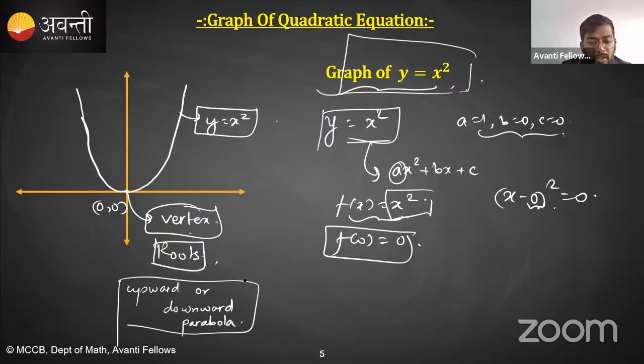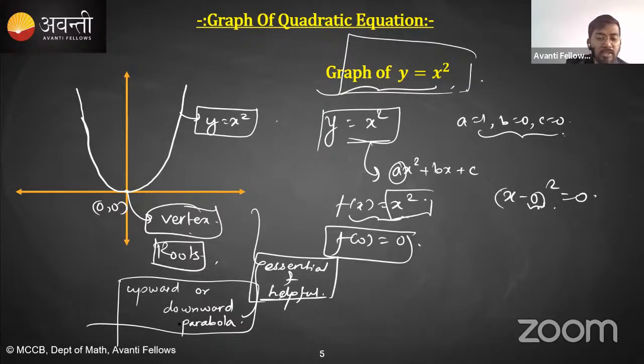So for drawing the graphs, these parameters are essential and helpful. Please note down that if you know these three parameters, then you can draw any graph easily for a quadratic equation.